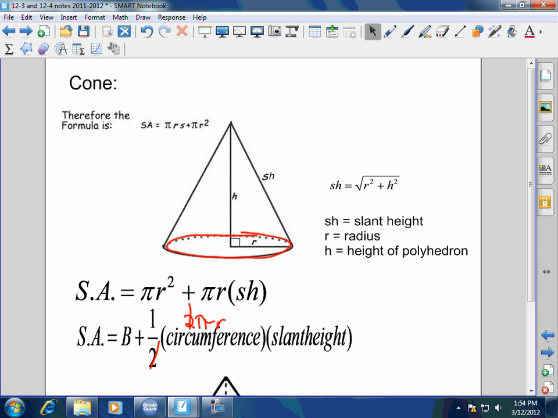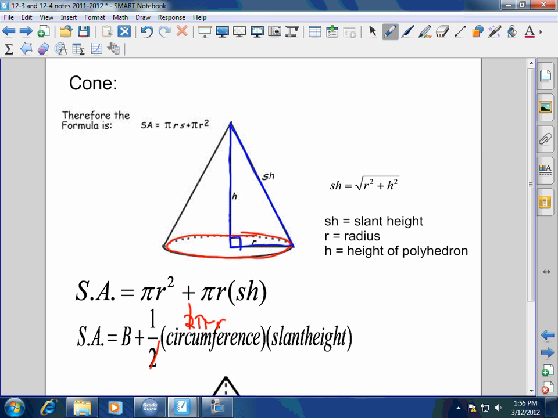To find the slant height, notice here, my friends, that the slant height is basically the hypotenuse of the altitude of the cone and the 90-degree intersection, the perpendicular intersection of its radius. Well, you just use the Pythagorean theorem to find any of those.